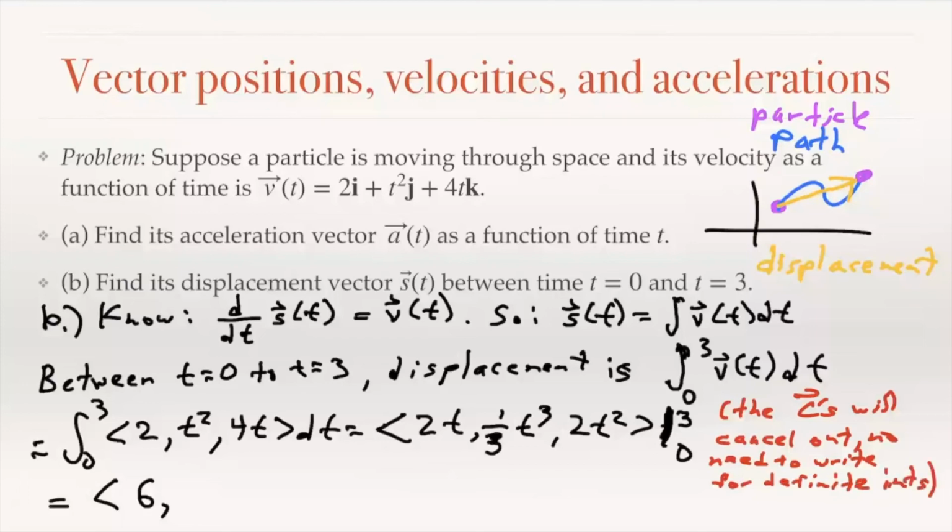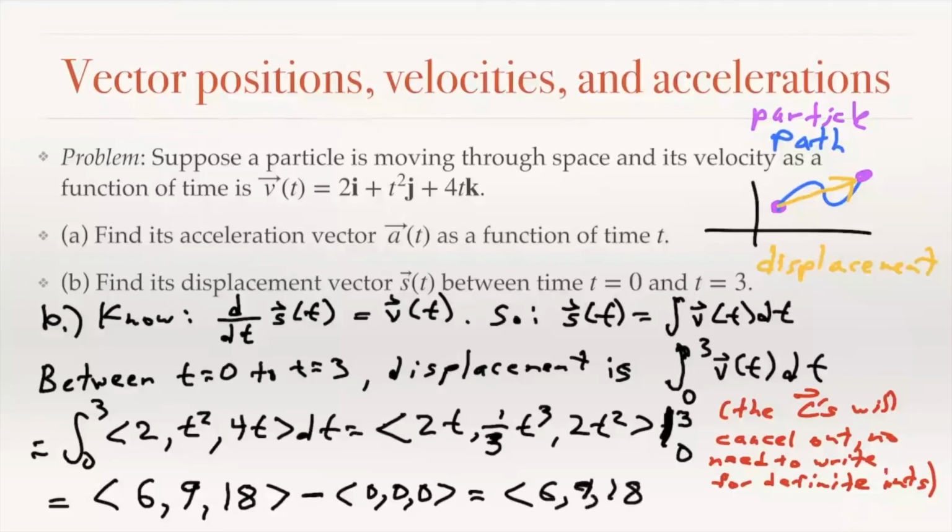Plugging in 3, 2 times 3 is 6, 1/3 times t cubed is 9, and 2 times t squared is 18. And plugging in 0, everything is 0. So we just have 6, 9, 18 as that displacement vector between t equals 0 and t equals 3.